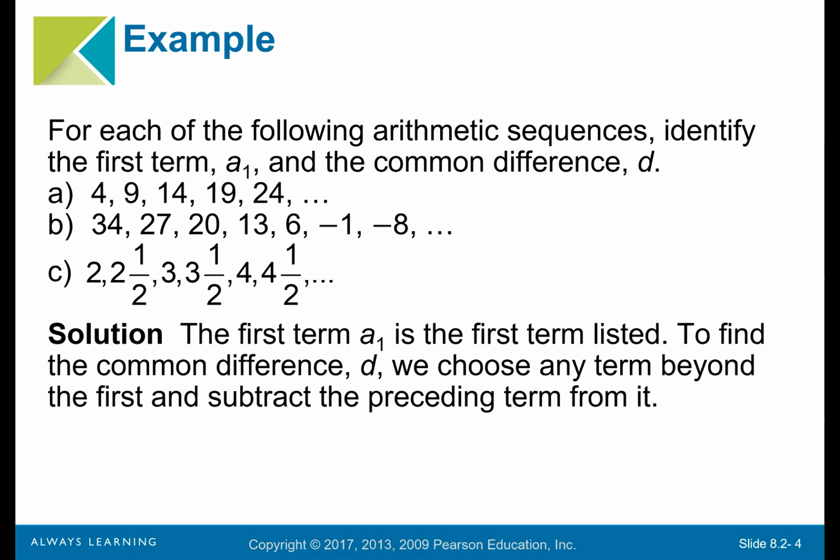So Shanna, what would be d for C? It'd be adding a half. Yep. So d would be 1/2. So anytime the numbers are getting larger in an arithmetic sequence, d is positive. Anytime the numbers are getting smaller, d is going to be negative.